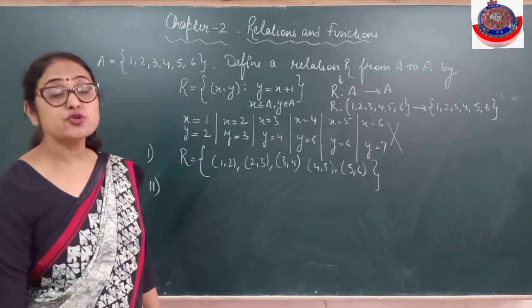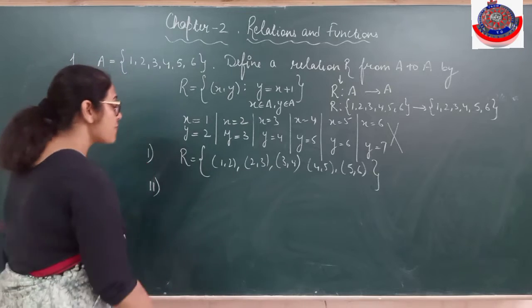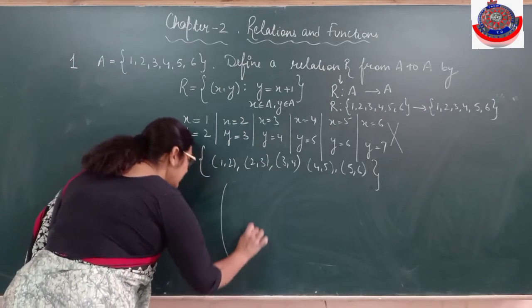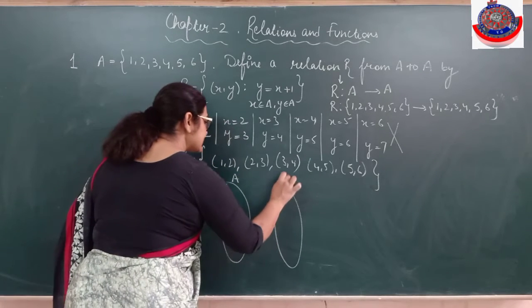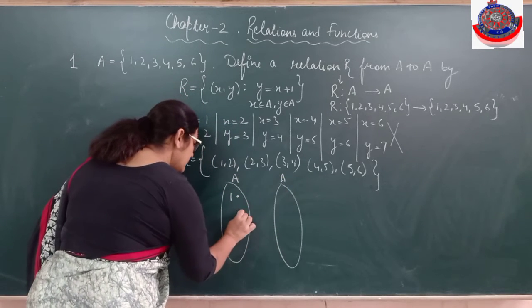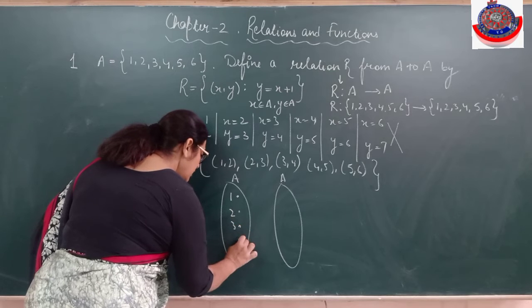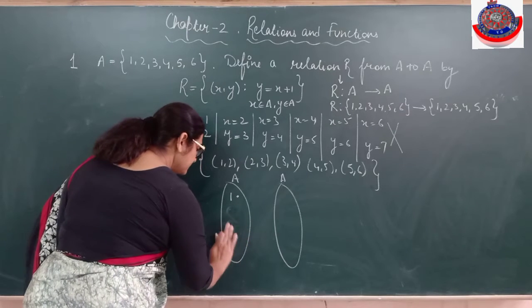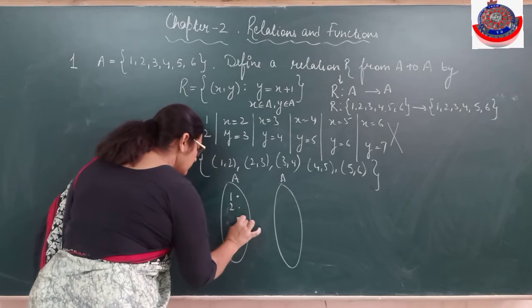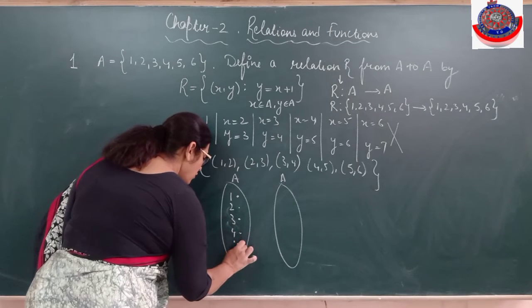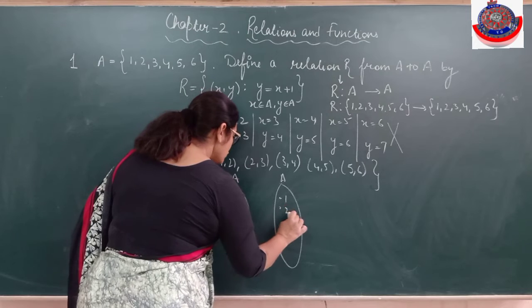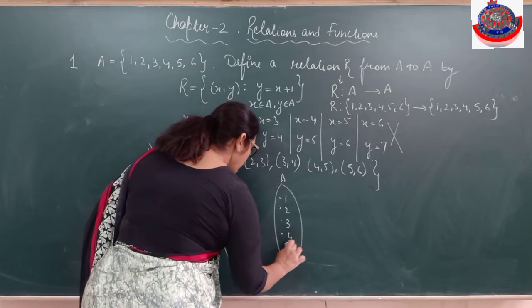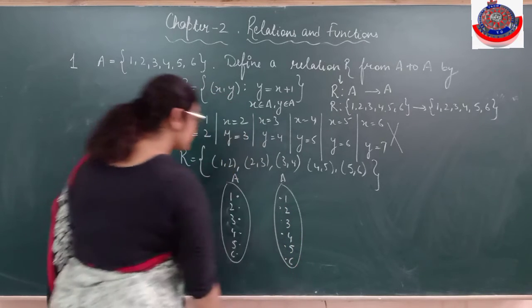Second part, they're asking me to depict this relation in the form of an arrow diagram. So very easy. The first set is also A, the second set is also A. It has 1, 2, 3, 4, 5, 6 on both sides.